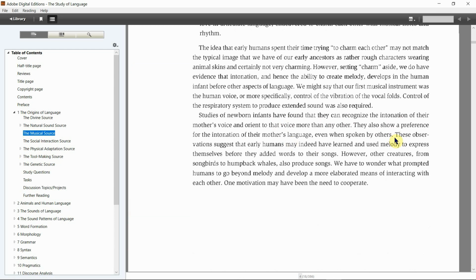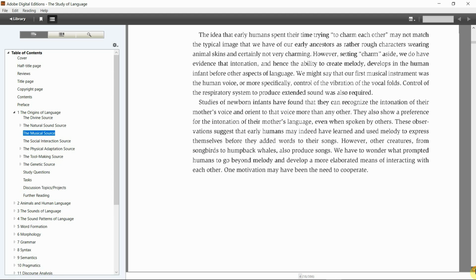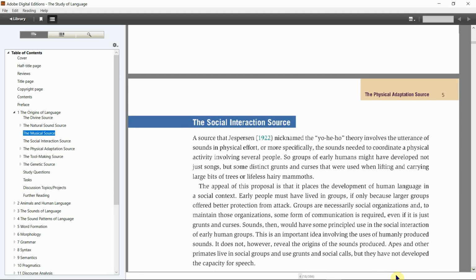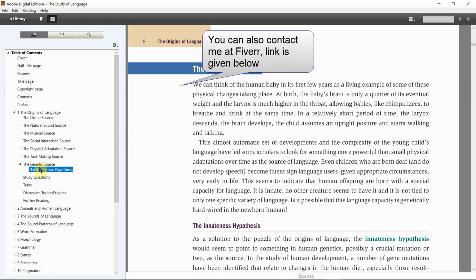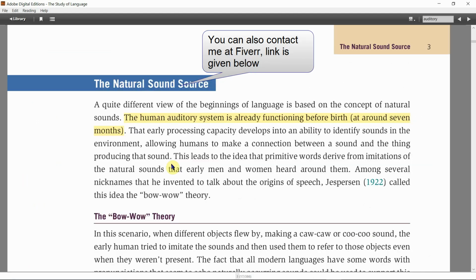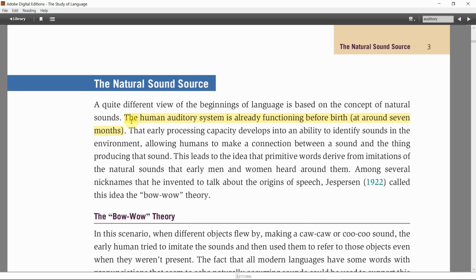They also show preference. These may indeed have learned to use. However, other creatures, I think it will be in the genetic source. Yeah, so this is what I wanted to show you.